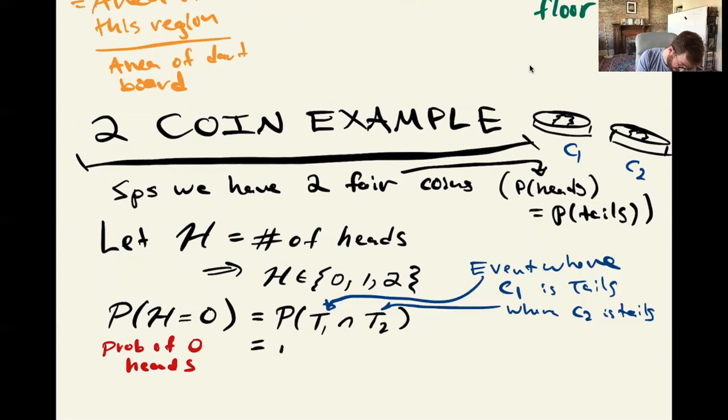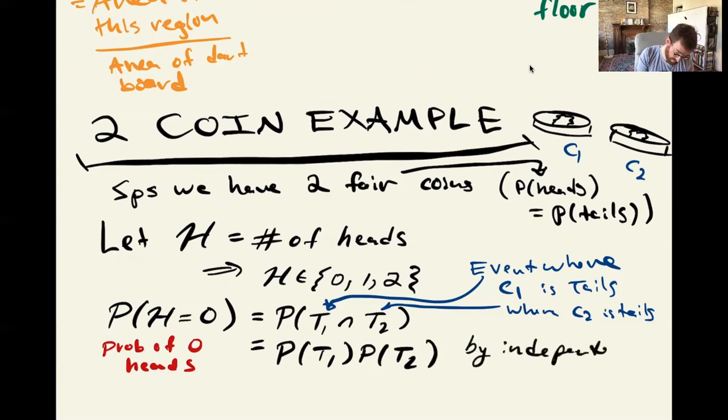So by independence, we can conclude that this is the same thing as just computing the probability of these two things multiplied. Assuming these are ordinary fair coins, this is a half times a half, which is a fourth.